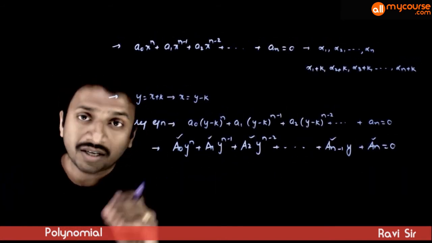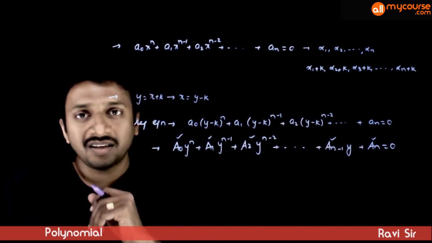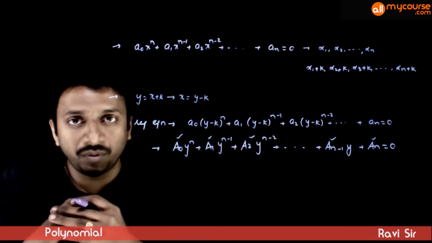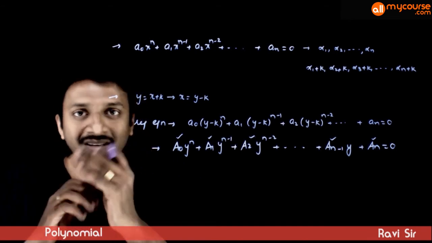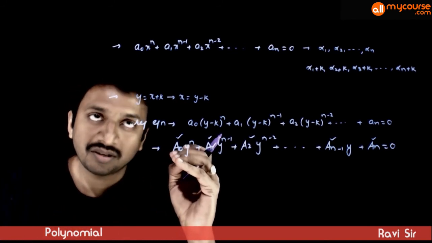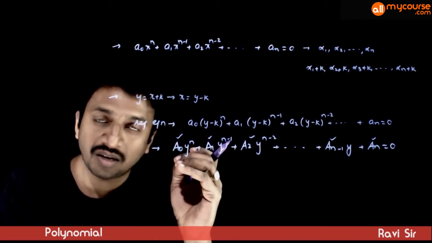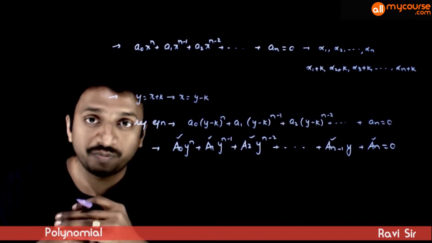Now we have understood that we need some process to find these capital A0, A1, A2, and so on. So how do we do this? Let us do the back substitution again. If I want to convert this equation into the original equation, what is the substitution that I need to do?